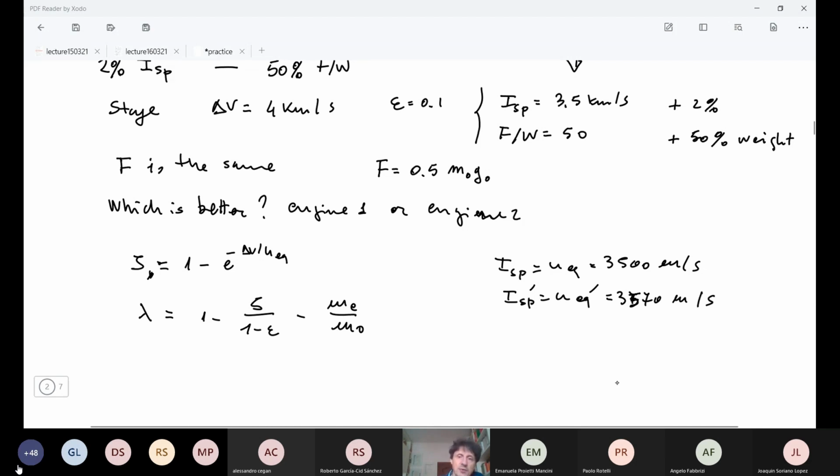And for the ME over M0, we can exploit again this relation here, because we have that F over ME G0 is our, let's call it again, beta.